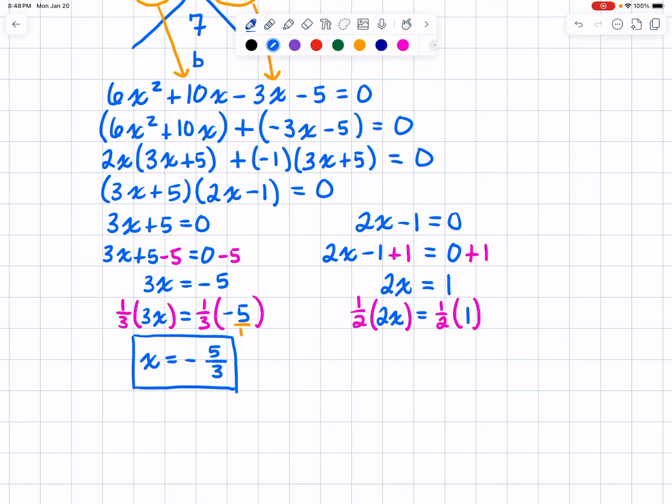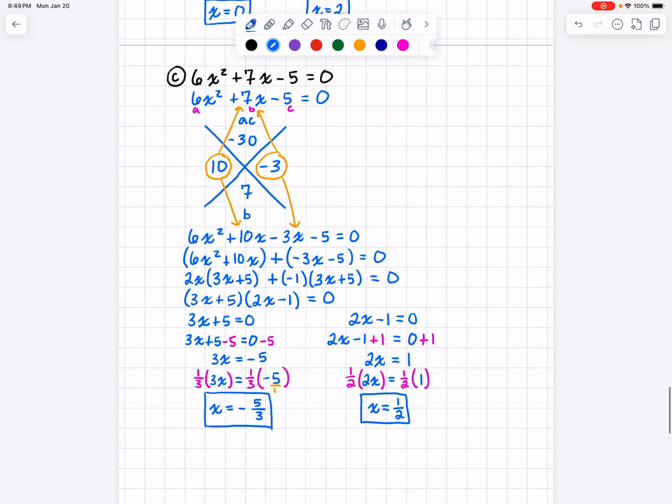X equals 1/2 times 1 is just 1/2 because 1 times anything is that thing. So x equals 1/2. So our answers are x equals negative 5/3 and x equals 1/2 for part C.